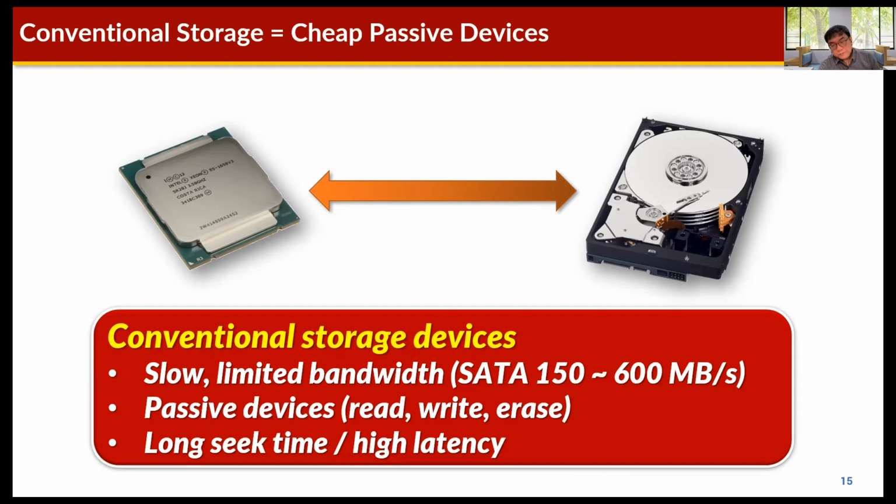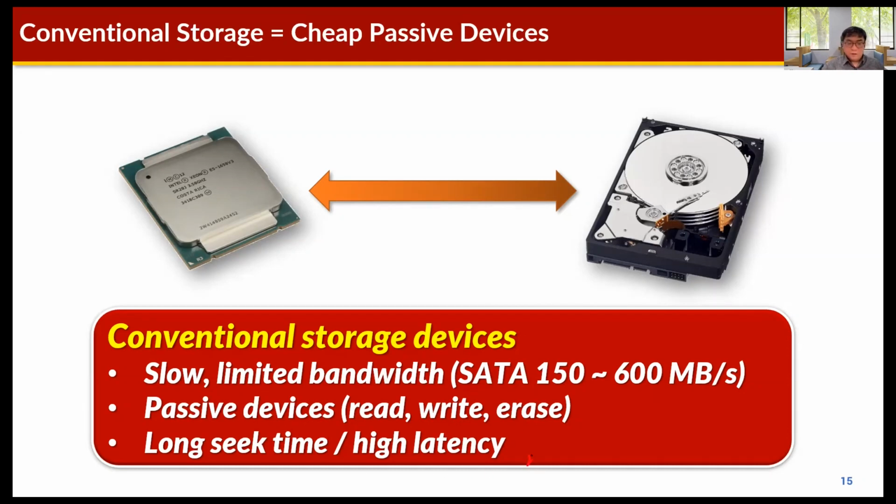The storage system is just memory, where a large amount of user data is stored. For the host system, it is just a block-based memory, and the host just sends very simple IO commands like read, write, erase. Another feature of the conventional storage system is that it's slow and passive, with long seek time and high latency.